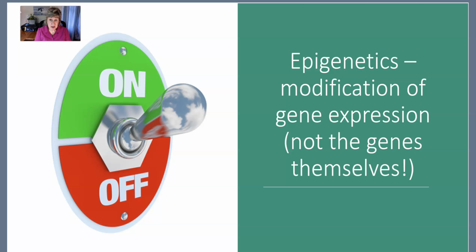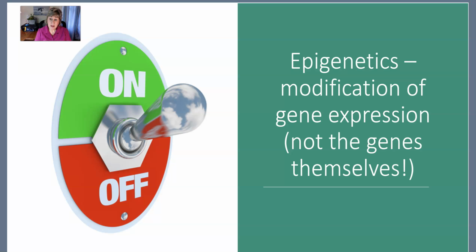So how do you end up with all these different tissues in your body? Epigenetics. You have all the same DNA, but which parts of the DNA get turned on and turned off will determine what that cell becomes. This is epigenetics. Epi means above the genes.